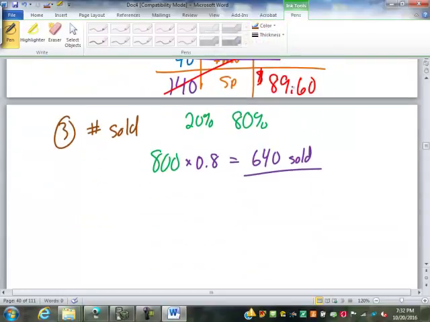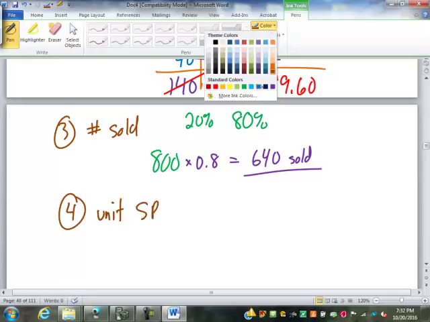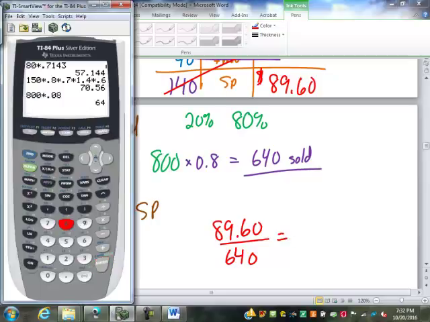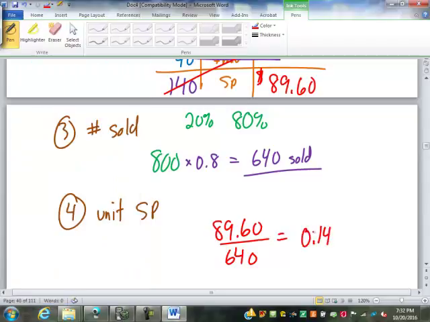Then what? Step 4. Unit selling price, which is found by $89.60 divided by 640. 14 cents each. What do you think? Not so bad?